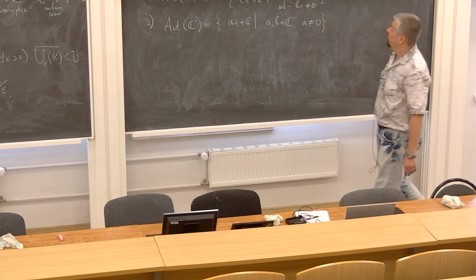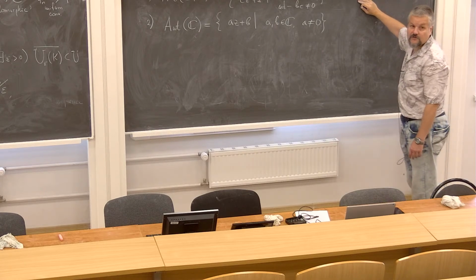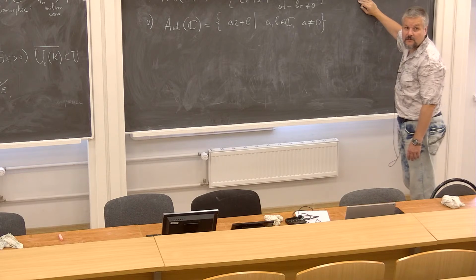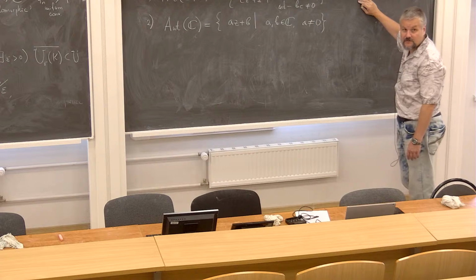So this is a complex group of dimension 2, because you have 2 coefficients. (In the projective picture, you have 4 coefficients but 1 excessive degree of freedom, because you can multiply all coefficients by the same number. So 4 minus 1 gives 3.)